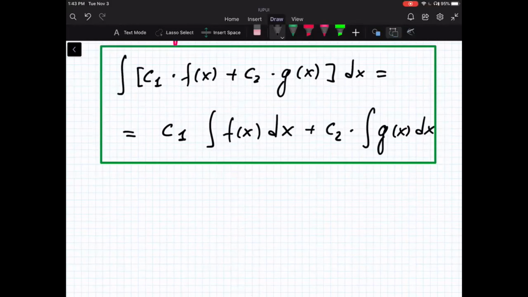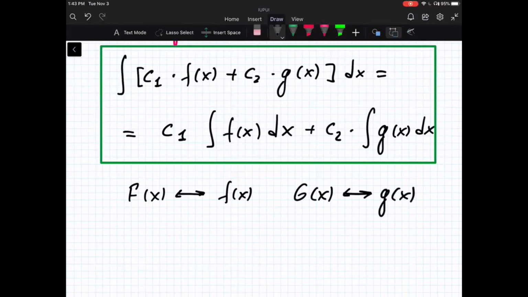So recall that capital F of x corresponds to small f of x, so it's an antiderivative of small f of x, and capital G of x is an antiderivative of g of x.